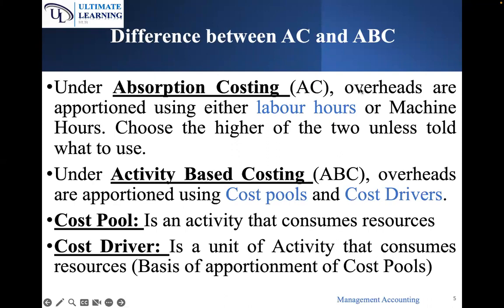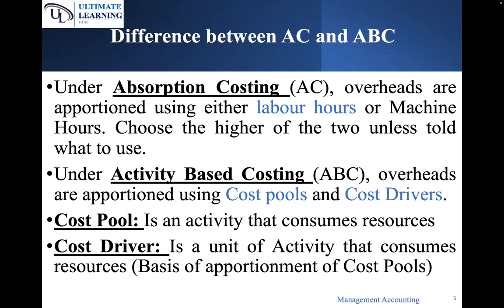Under AC, overheads are apportioned either using labor hours or machine hours. So for example, if you have 10,000 labor hours and you have 8,000 machine hours, you choose the higher of the two. So if labor hours are more than machine hours, you use labor hours. If machine hours are more than labor hours, you use machine hours.